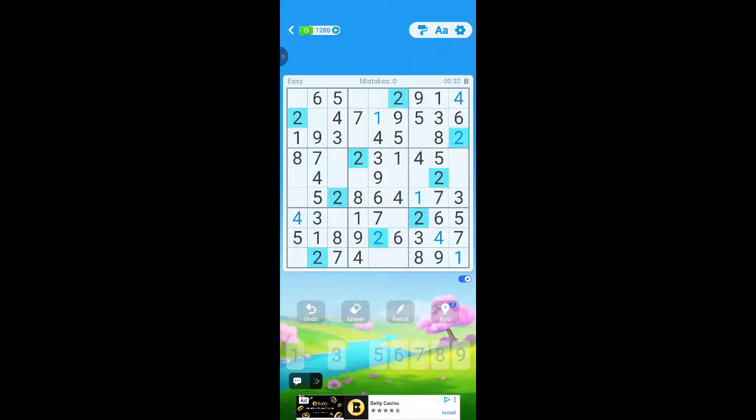This is easy. I literally thought I pressed do a normal Sudoku, meaning it would put me into a normal Sudoku. This is an easy Sudoku. I resent doing this.